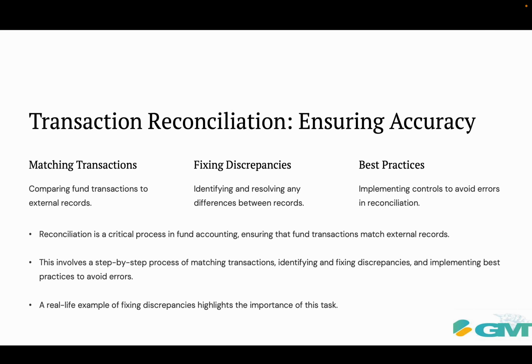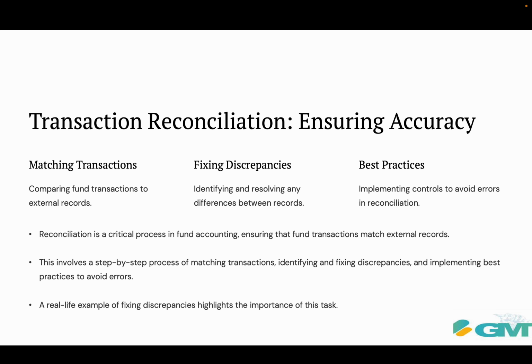Now moving to the next part. The next part is transaction reconciliation, assuring accuracy. Transaction reconciliation is the most important part before the NAV, because reconciliation is fixing the discrepancy between the counterparties. The counterparty may be your broker, custodian, your client, or maybe some other parties.